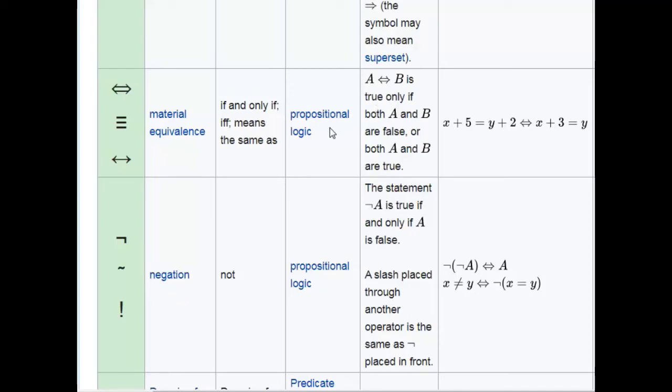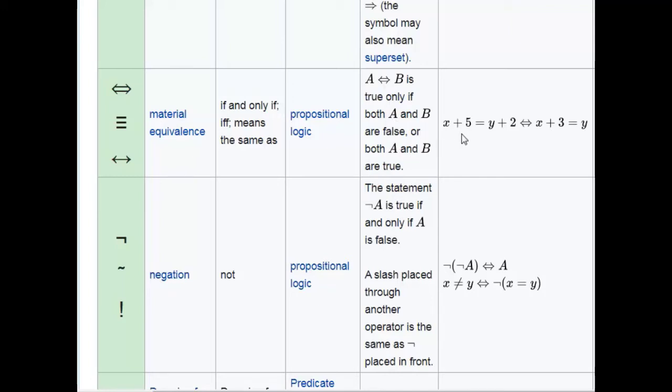So this is from the group of propositional logic symbols. A equivalence B, or A if and only if B, is true only if both A and B are false, or both A and B are true.